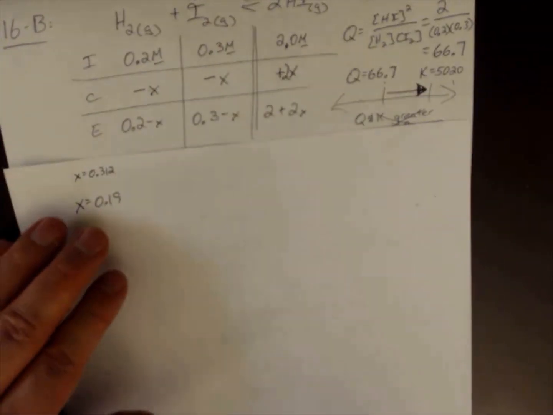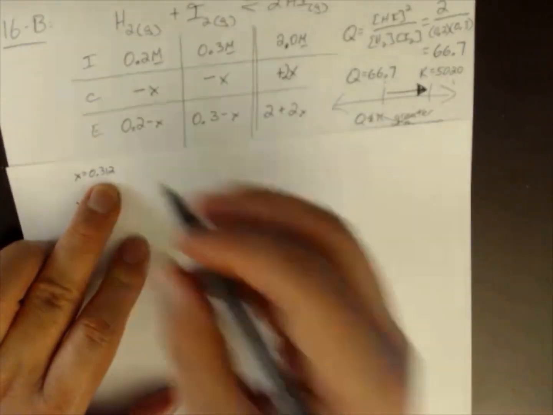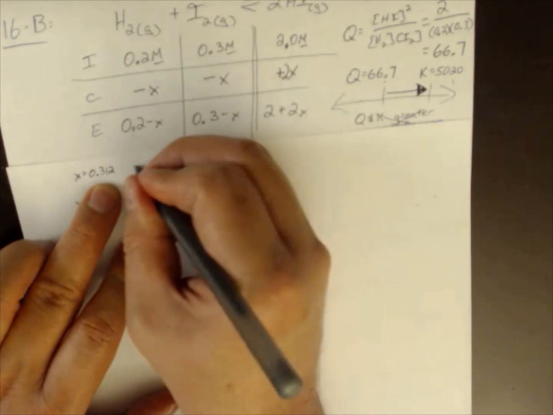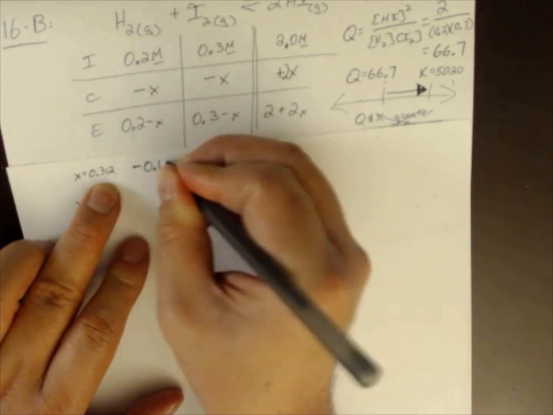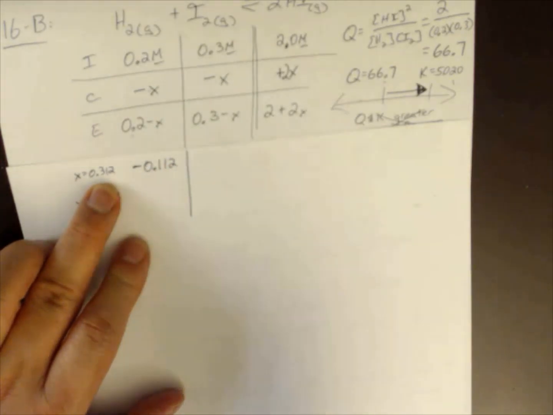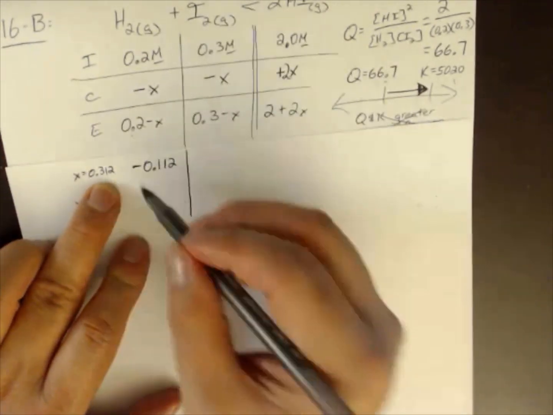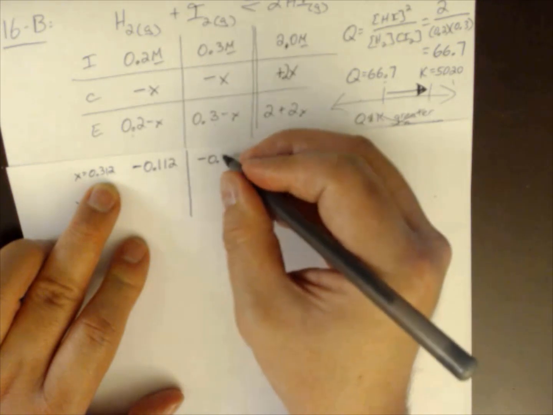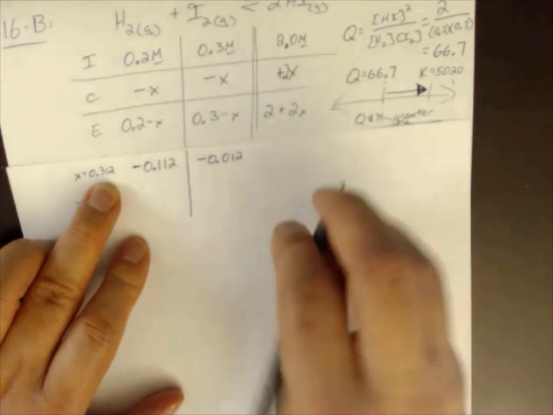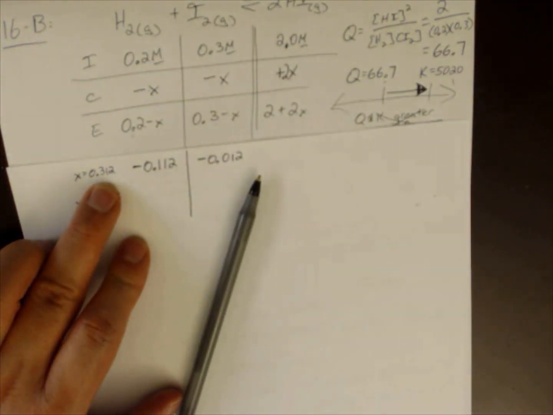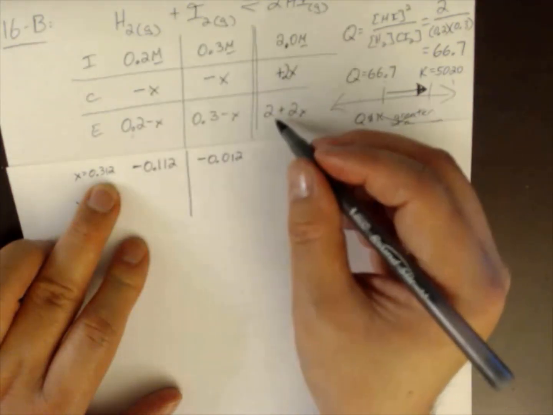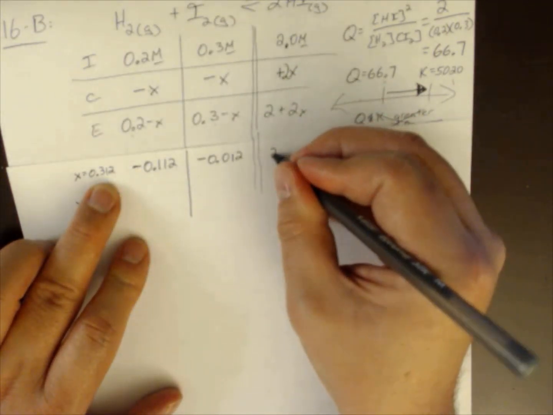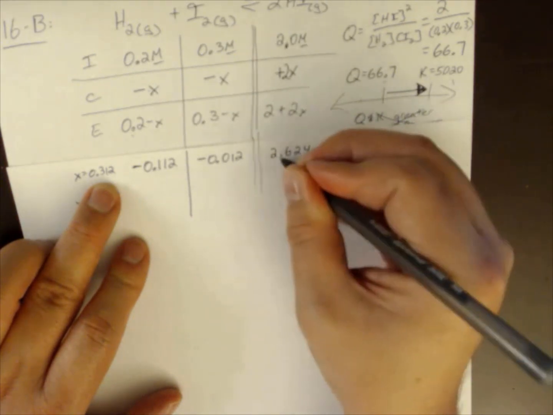All right, so if x equals 0.312, 0.2 minus 0.312 will get me negative 0.112. 0.3 minus 0.312 will get me minus 0.012. 2 plus 2 times this will get me 2.624.